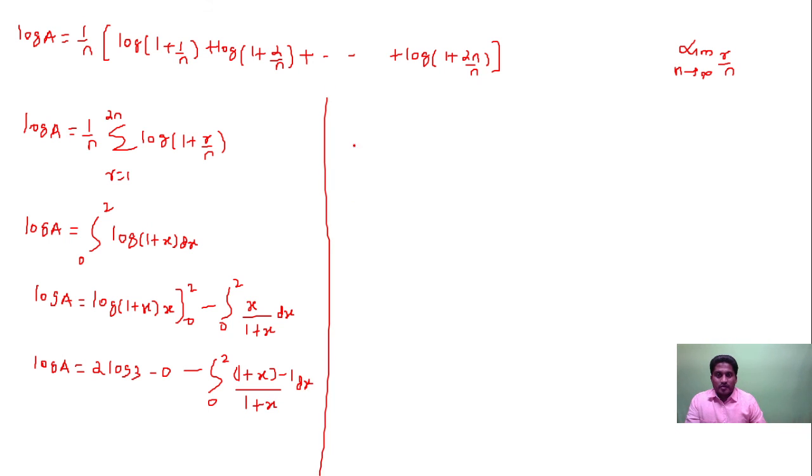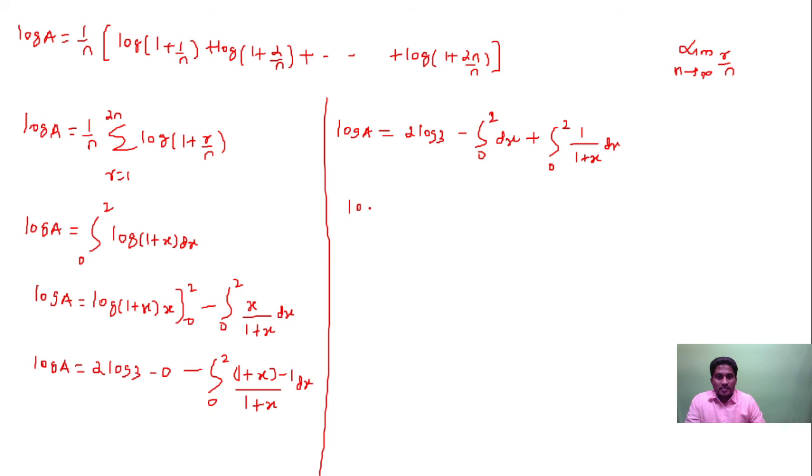So I get log a is equal to 2 log 3, minus and minus will be equal to plus, integration 0 to 2, 1 divided by 1 plus x dx.